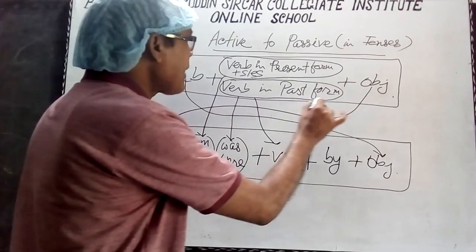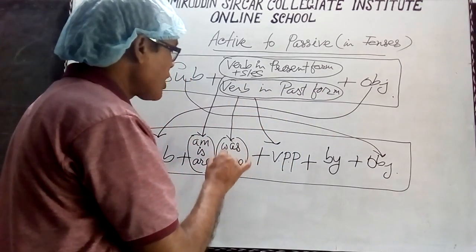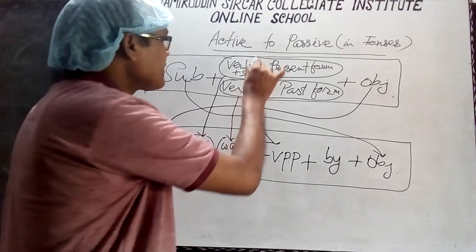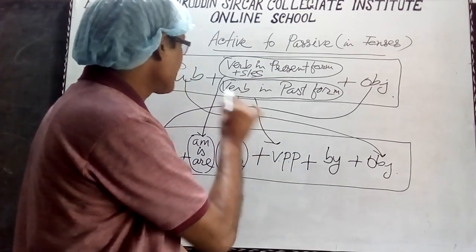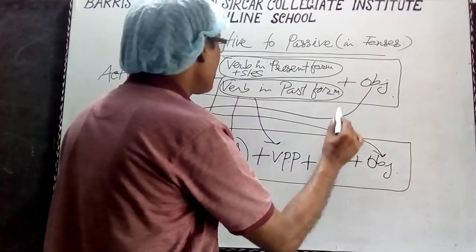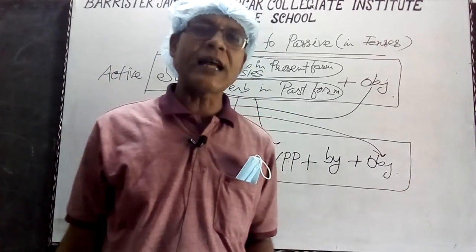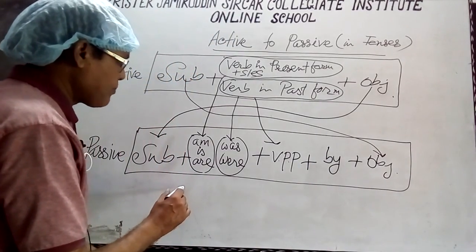And if the verb is in the past indefinite, then we must use was, were as auxiliary verb according to person. And the main verb, the principal verb, will be the past participle form. And the subject will be the object, and before the object we must put a preposition by. So this is the structure, now let's see an example.